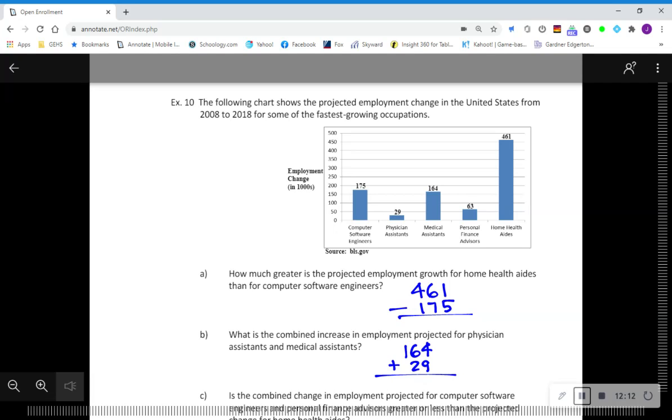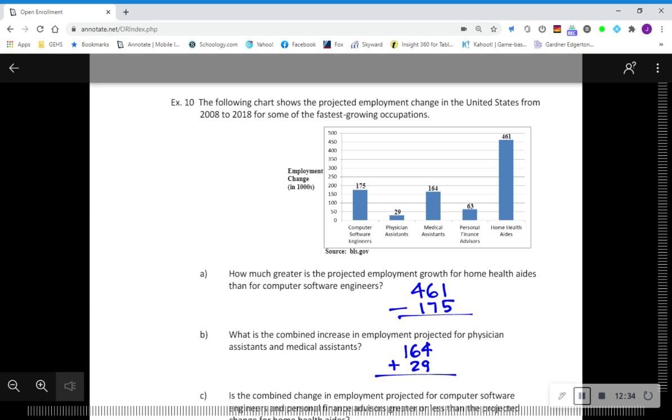So this next one here is a chart. We want to read everything about it here. Let's see, this is the employment change. So these positive values here indicate that there's more jobs available in those fields. The years are the decade from 2008, I believe that was the first year Obama was in office, to 2018, a couple years ago.